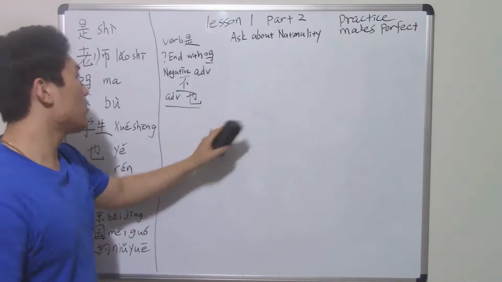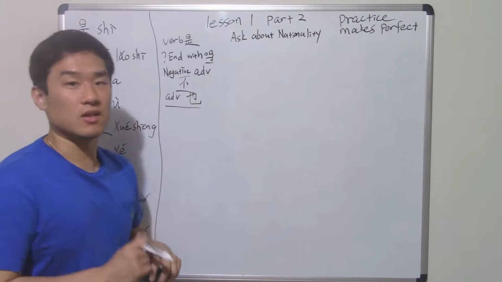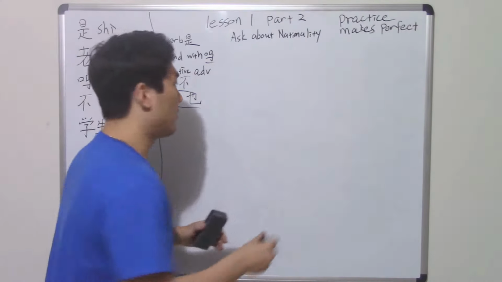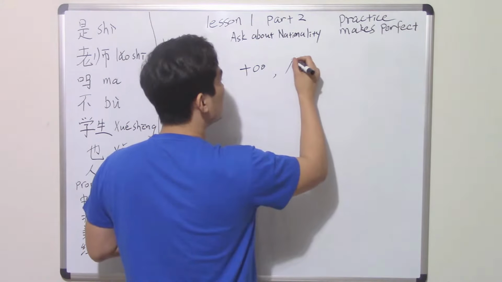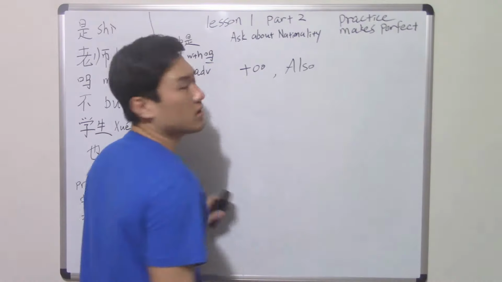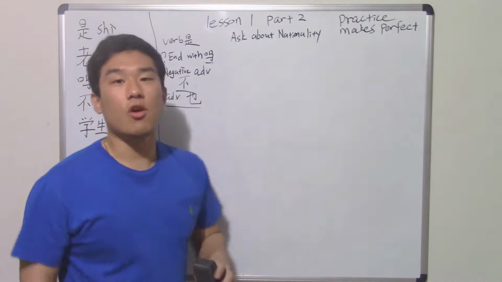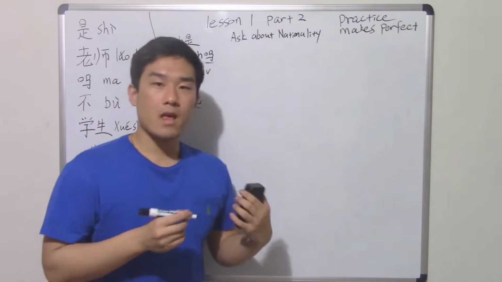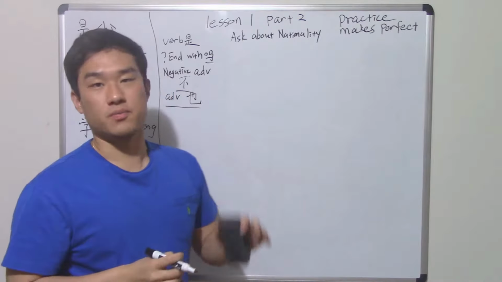And then the next one will be the adverb 也. What does that mean? 也 basically means the English too, and also. The word goes in front of the verb and after the subject.